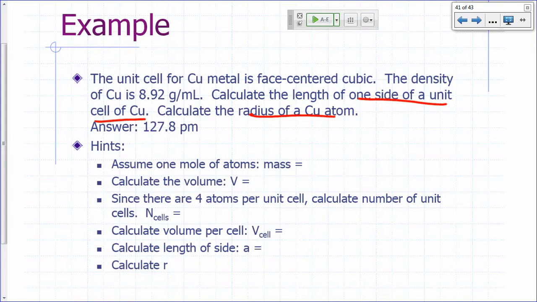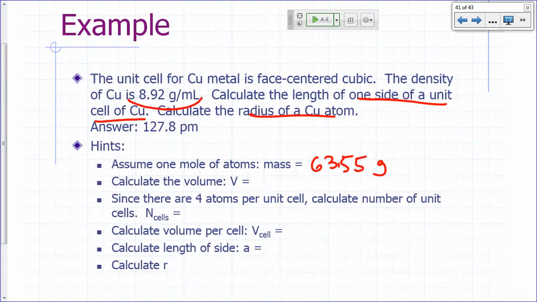So how are we going to do this? Let's assume you have a mole of atoms. What's the mass of 1 mole of copper? Molar mass of copper, you look it up. 63.55 grams. What would be the volume of a mole of copper then?